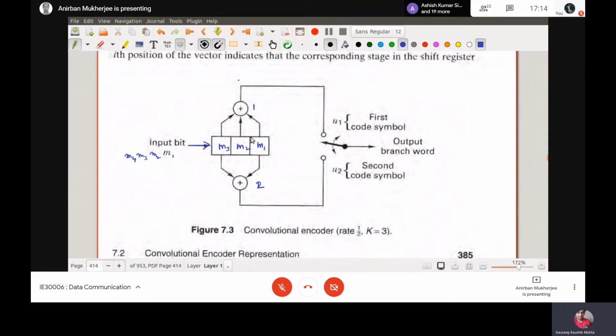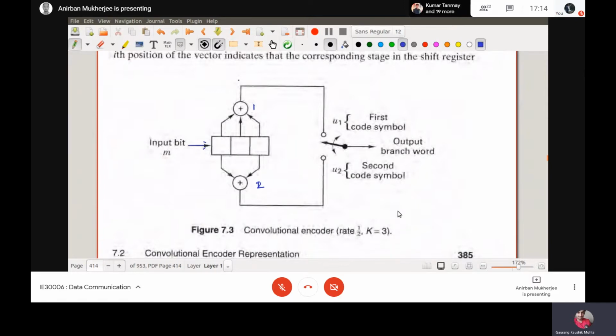So when I have it like this, the first one will do the XOR of all 3 and give U1, and the next one will do the XOR of the other 2 and give this one.